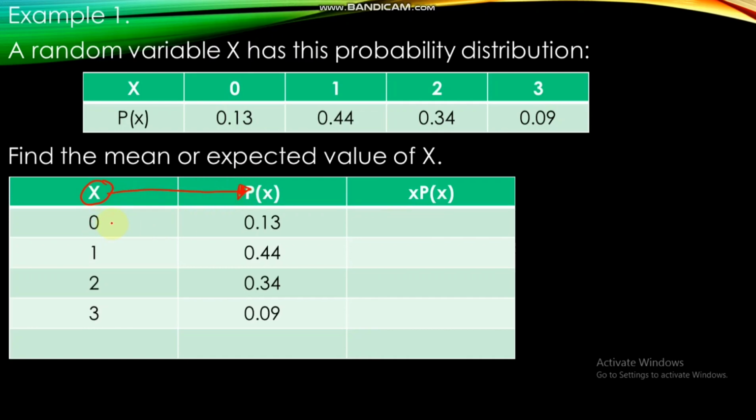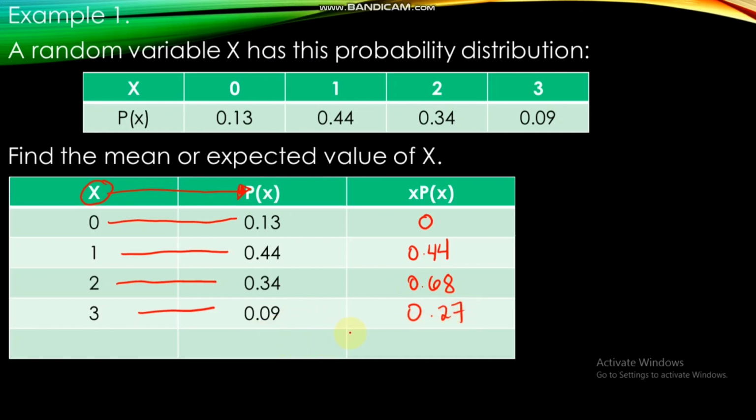So 0 times 0.13 is equivalent to 0. 1 times 0.44 is 0.44, and 2 times 0.34 is equivalent to 0.68, and 3 times 0.09 is 0.27.